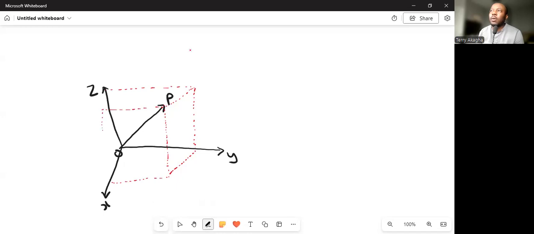Then bring it all the way. Okay, and you can then have this. So from the Z, you can have that. Then you can also draw this as well.